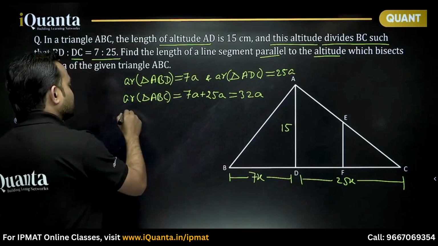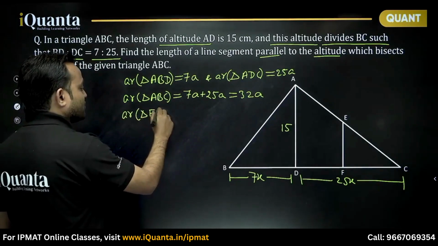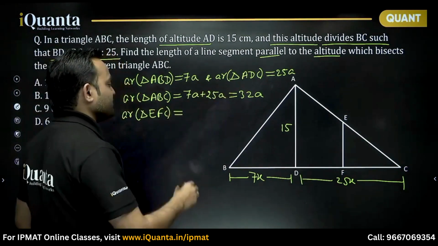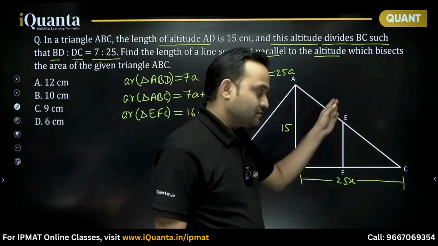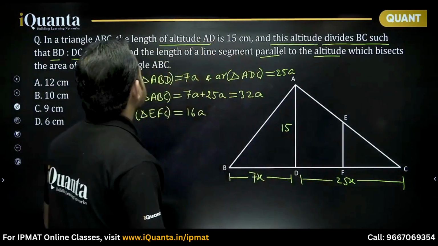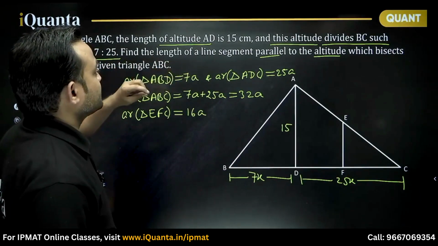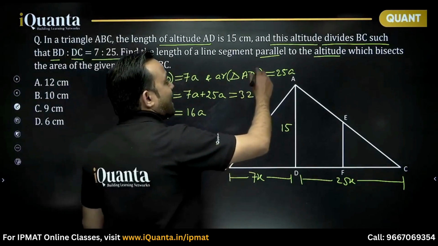And what is the area of triangle EFC? So EFC will be equal to half of the triangle ABC, which is 16A. So if this is 16A, now think about this. It says that this altitude divides BC such that this, find the length of the line segment parallel to the altitude.